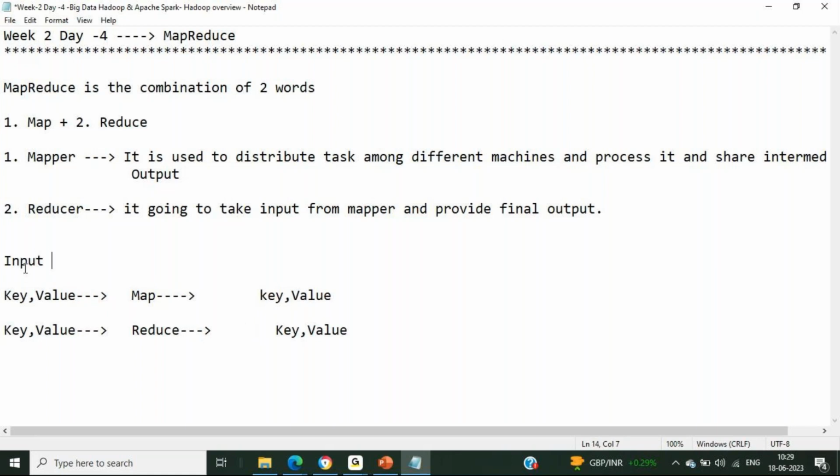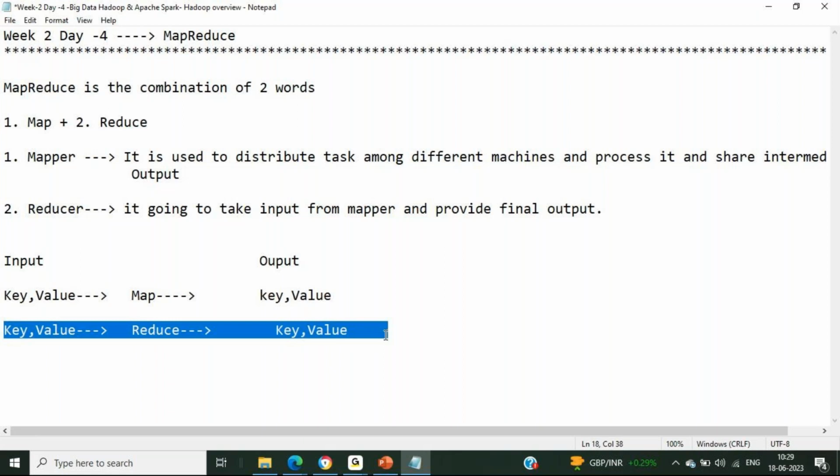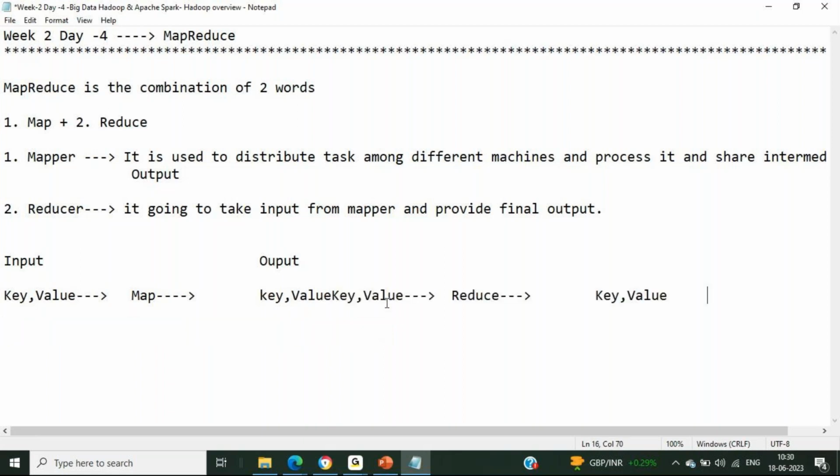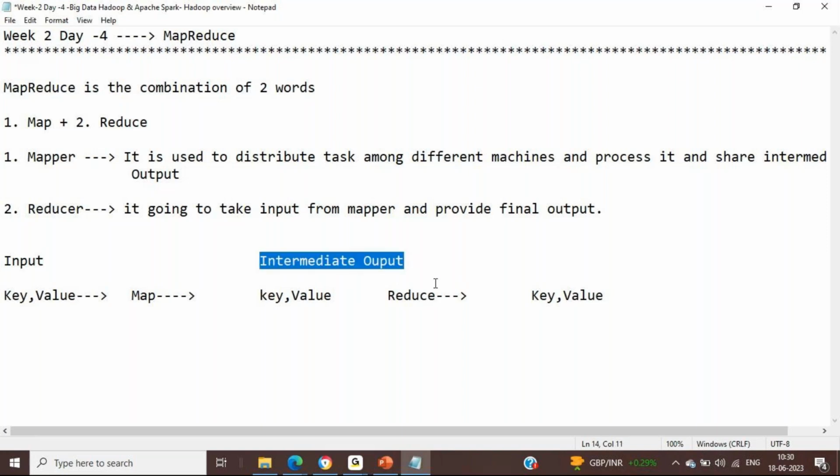So let me mention, this is input and this is output. And we can mention it in this way as well: key and value, and I can say intermediate output and then final output.